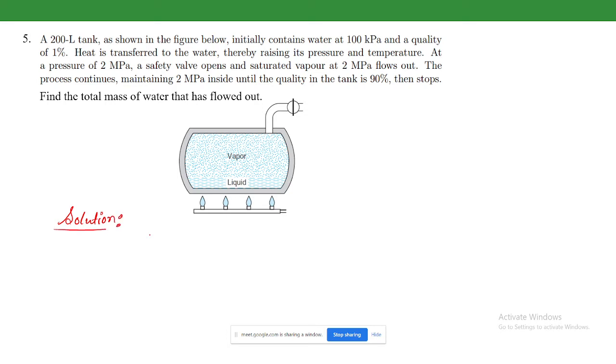Now at P saturation, these are all saturation pressures because this is a liquid vapor mixture.